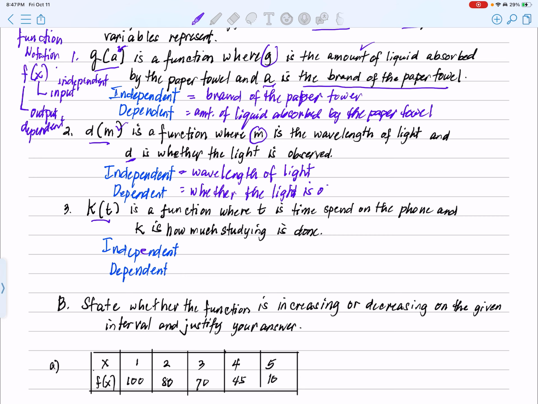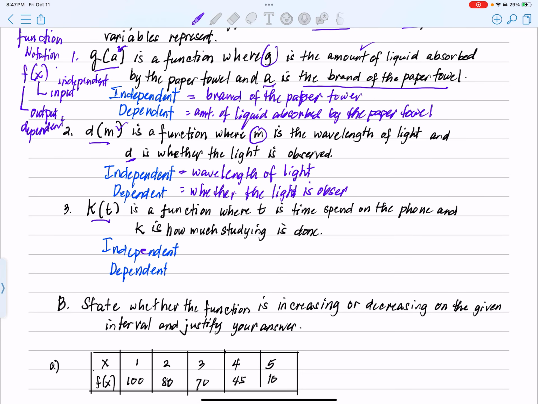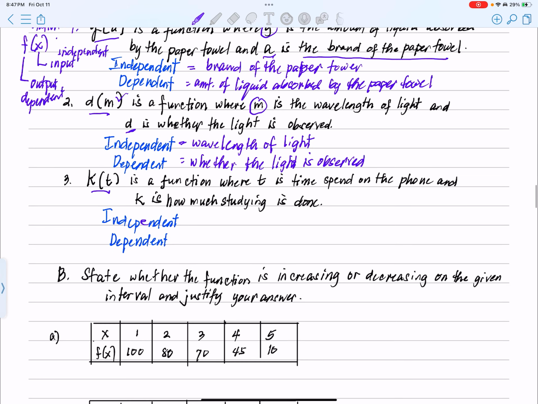All right, let's have the third one. k of t is a function where t is time spent on the phone, and k is how much studying is done. So t is the independent, that is time spent on the phone.